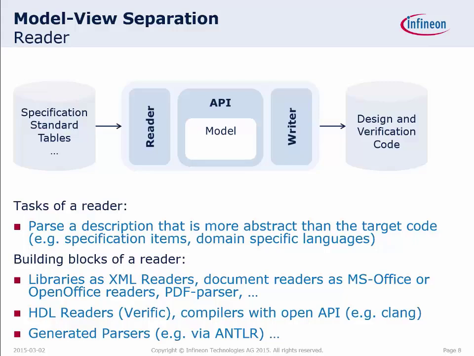For somebody who does not know what the API does, the API provides functions like set name, get name, add a register, add a connectivity item, this kind of stuff. So if you iterate over your Excel rows, each containing a register, for example, you will call add a register, then set the name, set the offset, and so on.